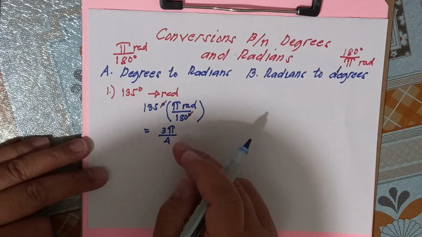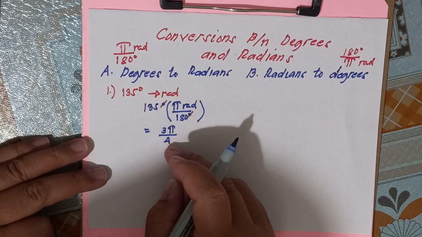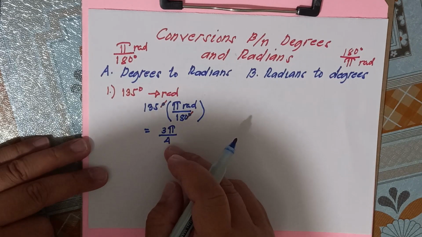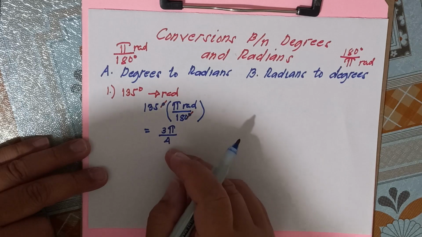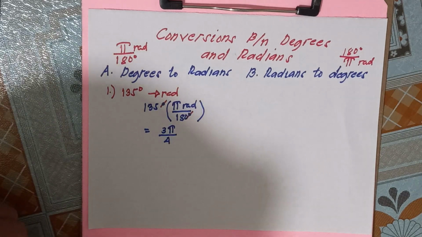When there is the presence of the number pi, meaning we are dealing with radian, there is no need to put the word rad.